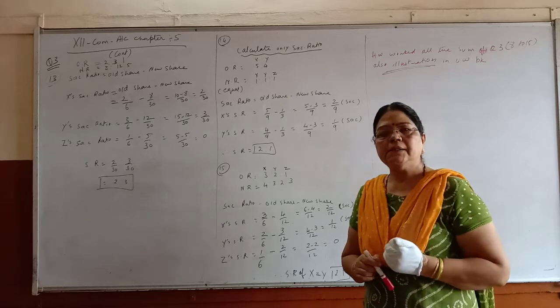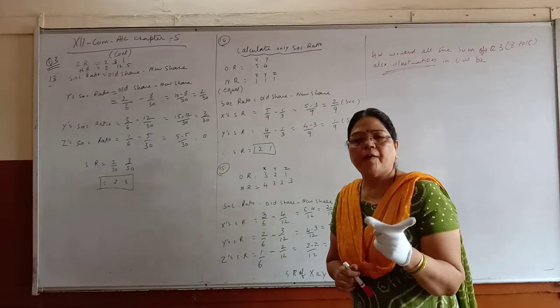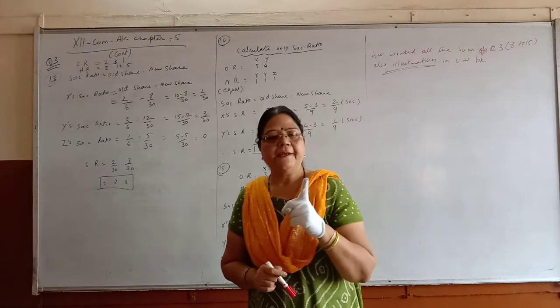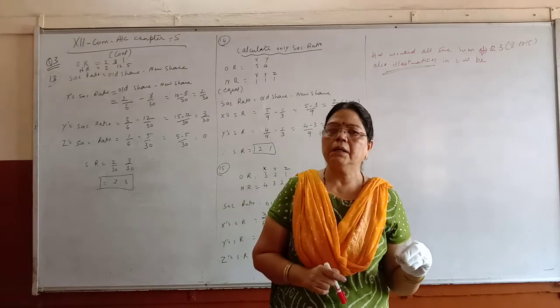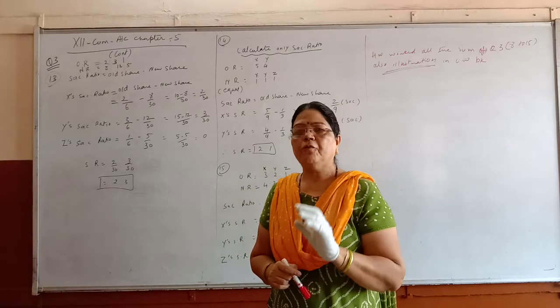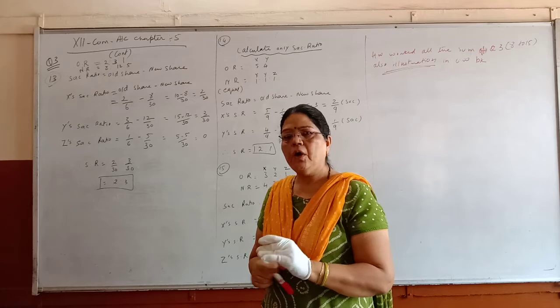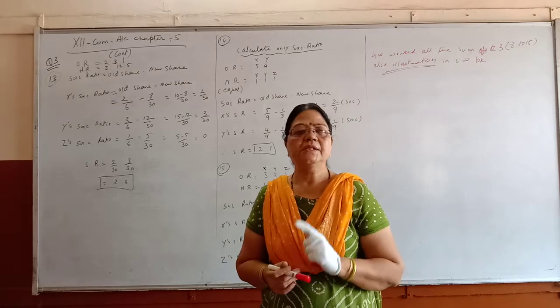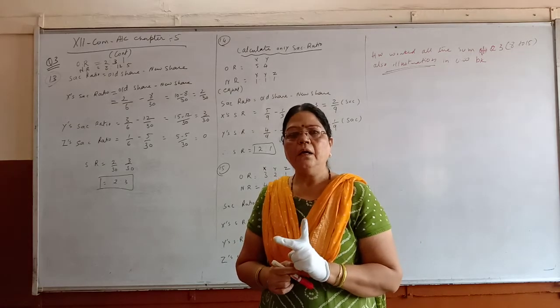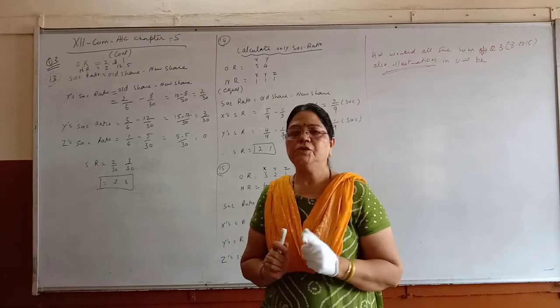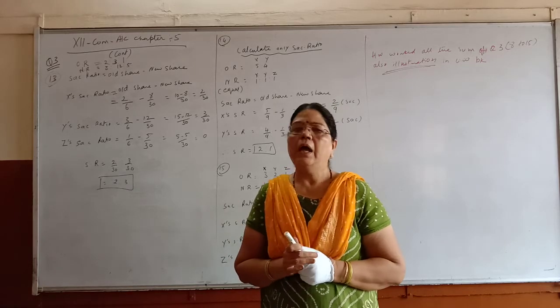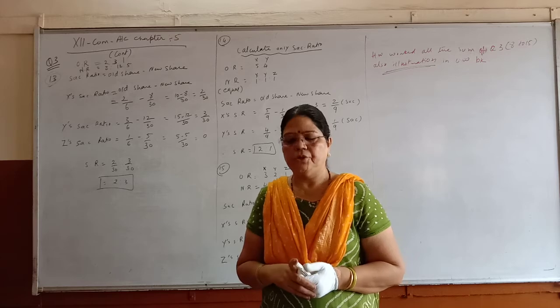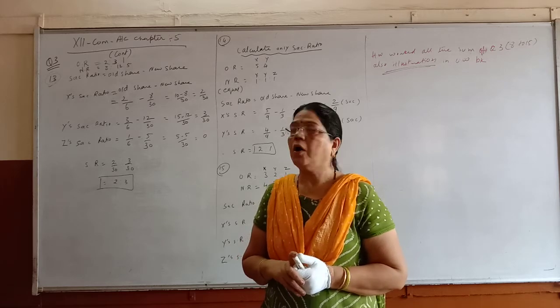When the new partner is coming, 2 things we have to find out: the sacrifice of the existing partners and the new profit and loss ratio after admission. So these 2 things we have done in question 3, that is, to find out the sacrifice ratio and the new P&L ratio. So this is the work for today.